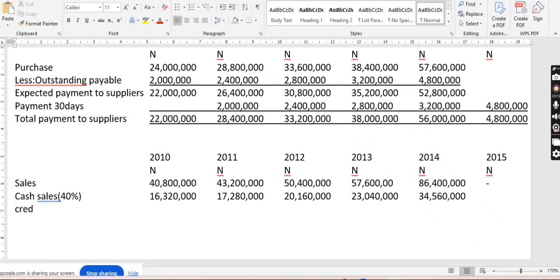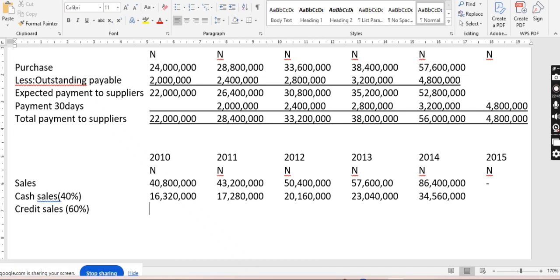The credit sales will be in the following months, right? Or we should do it in the other way around. Okay, alternative. Let me just make provision for that one. So it will be 60%, right?